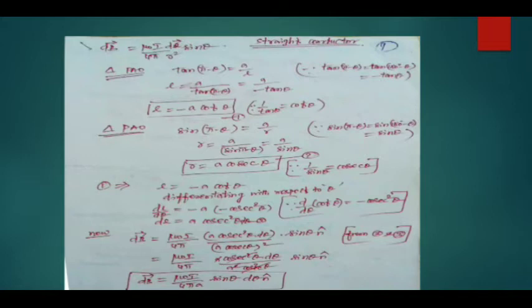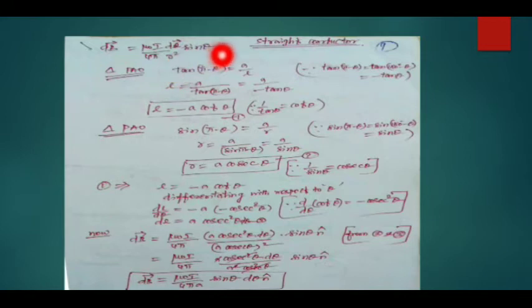Please understand, dB is the magnetic field. We already know from Biot-Savart law that the magnetic field around the conductor, dB, is equal to mu naught I divided by 4 pi, dl divided by r square, into sine theta.